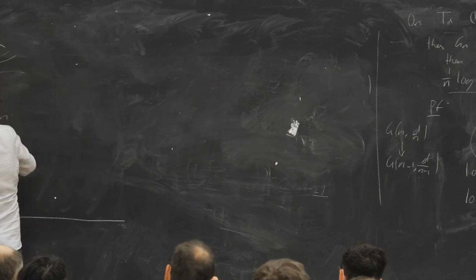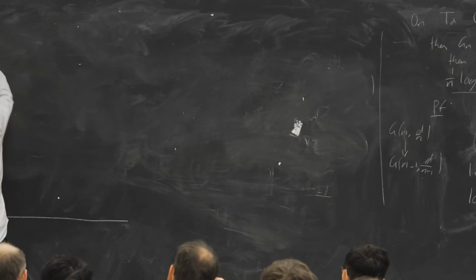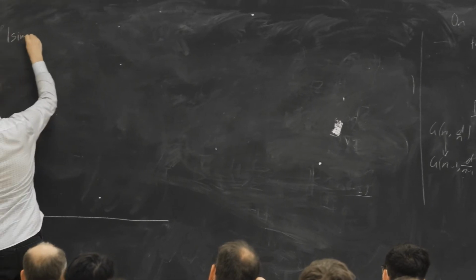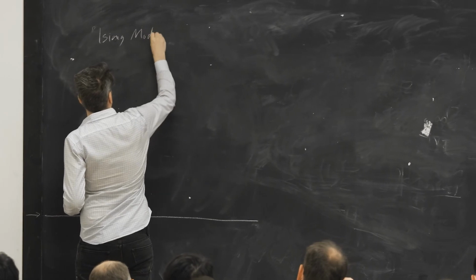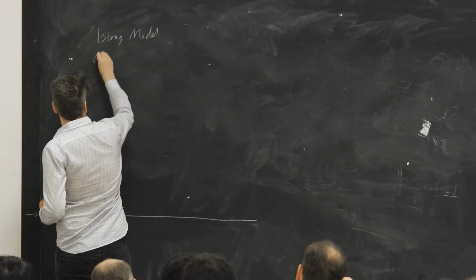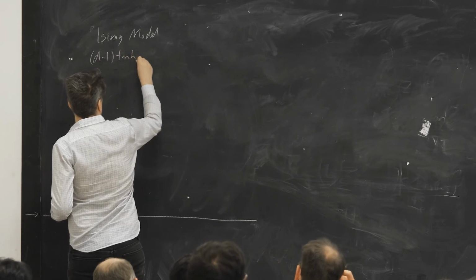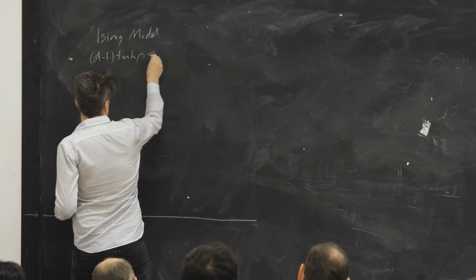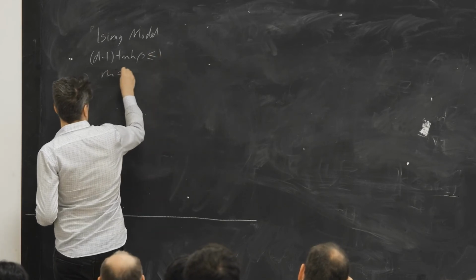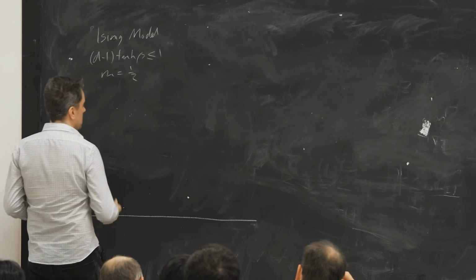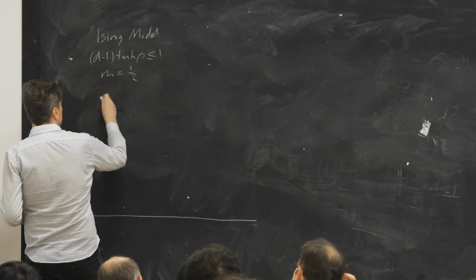But as we discussed yesterday, there can be more than one. So in the case of the Ising model, when (d-1) tanh(beta) is less than or equal to 1, then m equals a half was the only BP fixed point, and it was unique.